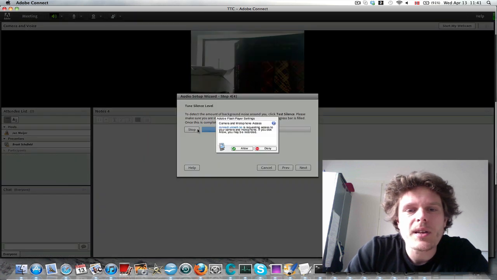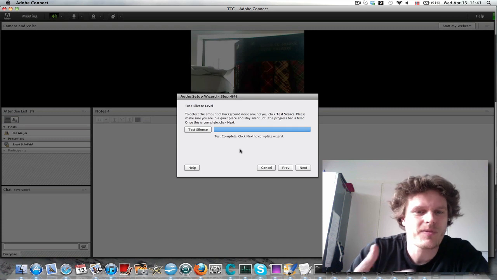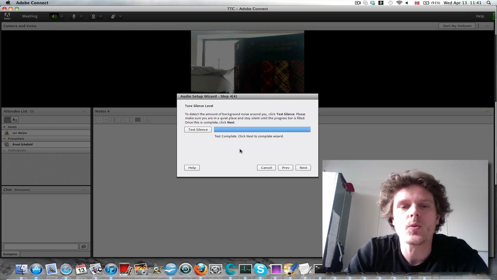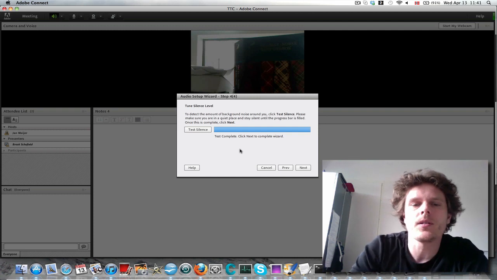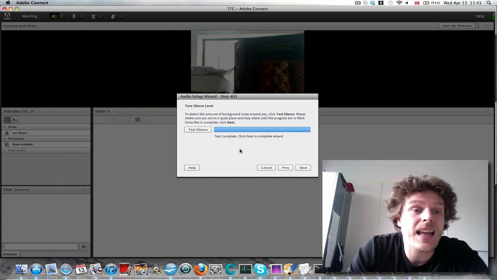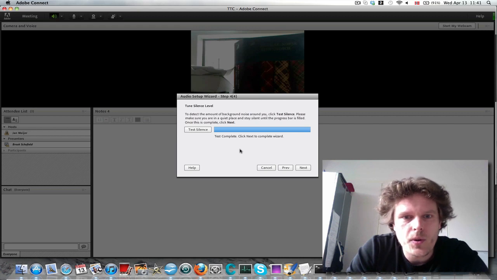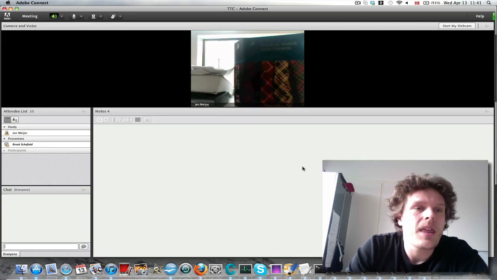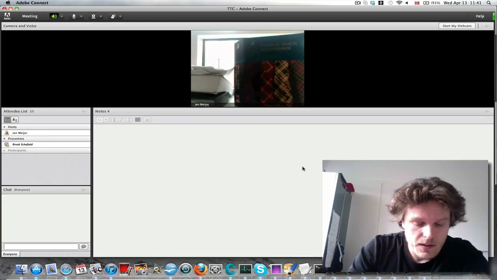The test silence bit is actually important. Okay, now I'm talking. It tests the level of silence, and that way it tweaks the level of echo cancellation and noise cancellation. What you could also see is that way you immediately give Flash the permissions to actually use your audio devices. Okay, and then you say finish, and that is it. Then you've tweaked the audio.